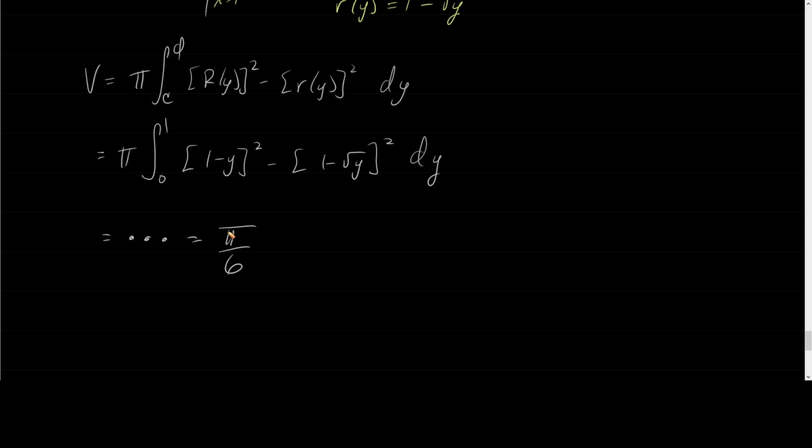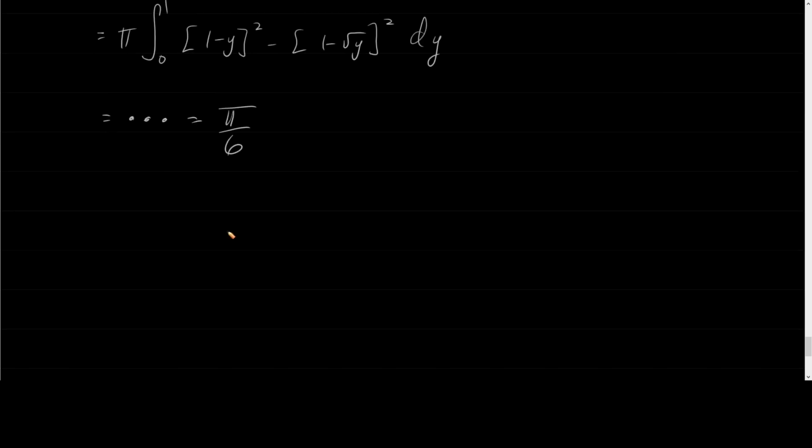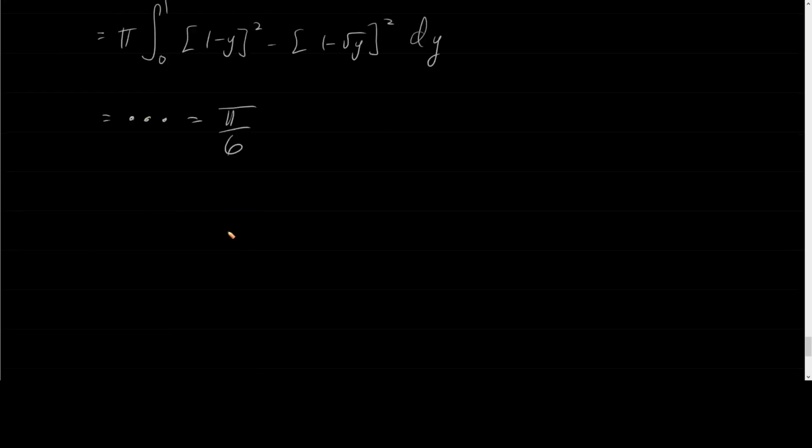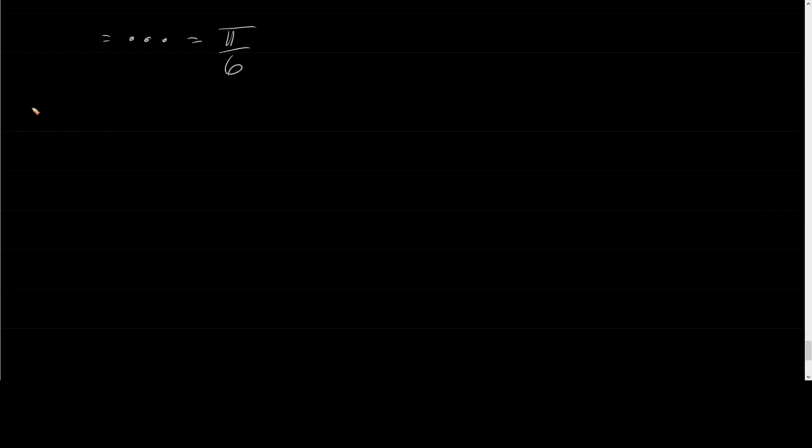Now I want to look at a slightly more complicated version of this one. Let's say that I had the following. So that was example G, so this is H. Let's say I have f of x is equal to 4x minus x squared, and g of x is equal to x squared minus 4x.